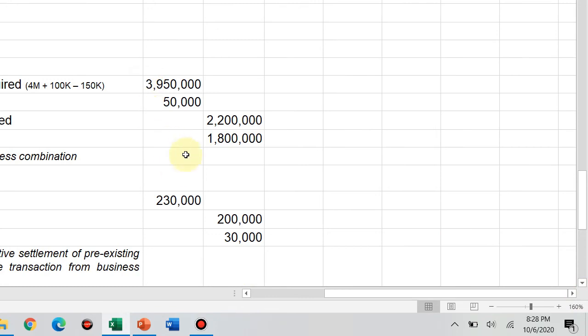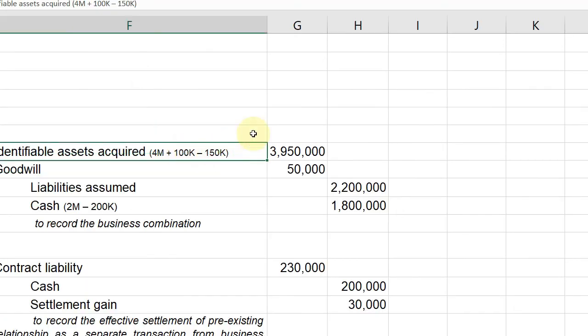How do we record? You record the identifiable assets acquired. Okay, that's 4 million plus yung at market value na 100K ng intangible asset for the reacquired, right? Minus yung carrying amount yung 150K kasi hindi na siya kasama sa loob dapat. Okay, 3,950,000.